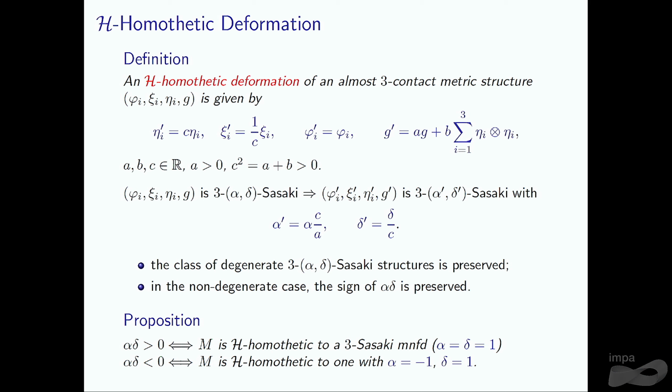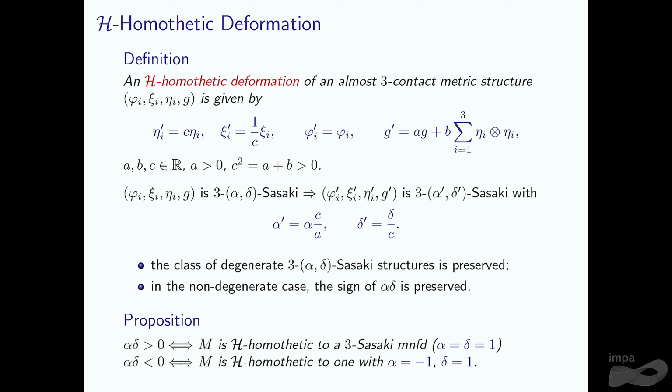And secondly, we see that the sign of alpha times delta is preserved as well, because C cancels out, and there's A left, but A is positive. So indeed, when I perform this deformation, I stay in the positive, negative, or degenerate class.